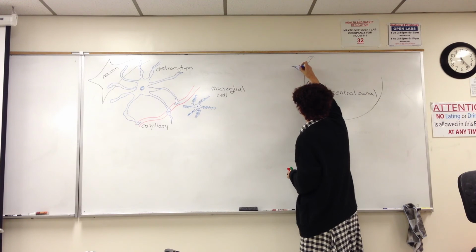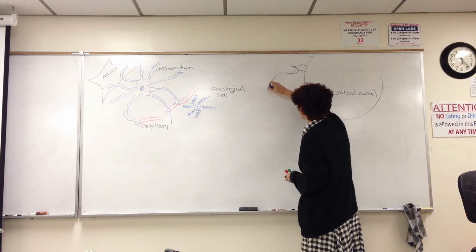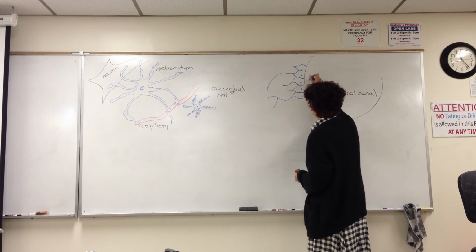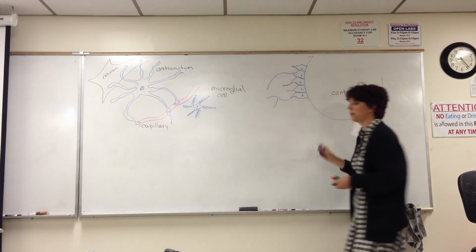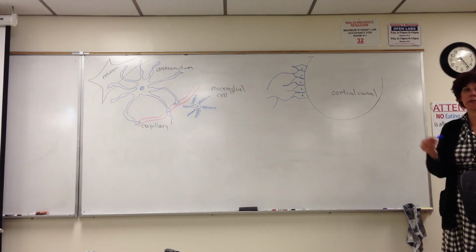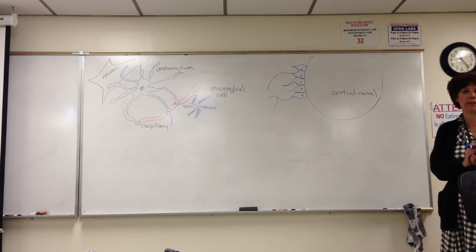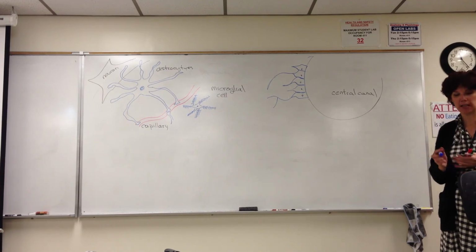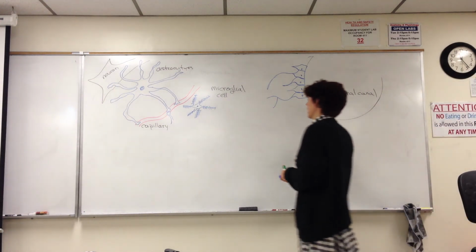And ependymal cells have long processes, but they have these kind of pyramidal shapes. And they're found always on the surface of the central canal or the ventricles. And tomorrow we'll talk about certain regions of these are associated with blood vessels and actually make the cerebral spinal fluid. All right? So they secrete and modify the cerebral spinal fluid.